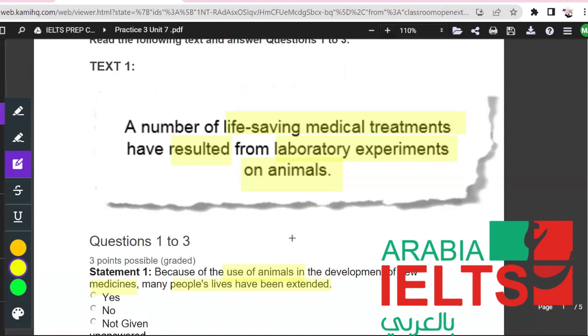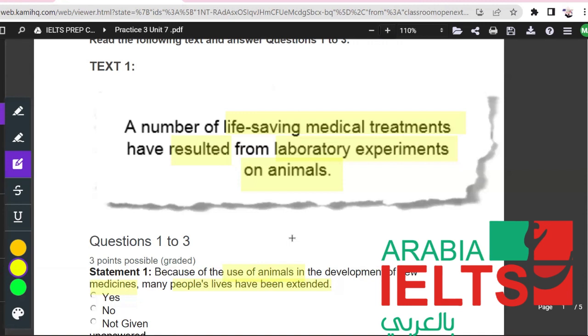And the other opinion says, experimentation on animals has helped to produce a better selection of cosmetics for people. Not given, I think. Not given. There are no cosmetics involved in the writer's opinion. It's not even one of the ideas that he's presenting.